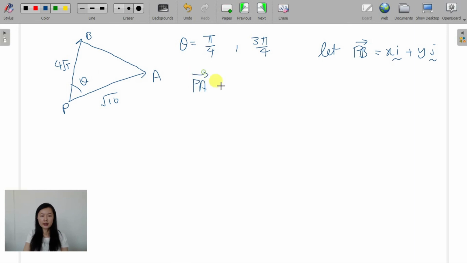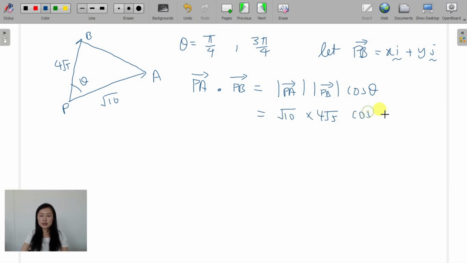PA dot PB is, now I'm going to use 2 versions of the dot product formula. Well, one of them is because of the way we've got the facts, right? With the magnitude and the angle, that immediately draws me to that formula where you take the magnitude of PA, magnitude of PB, and then cos theta, okay? In this case, it will be root 10 times 4 root 5 cos pi on 4 or 3 pi on 4.